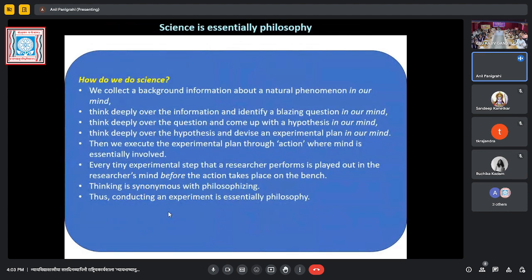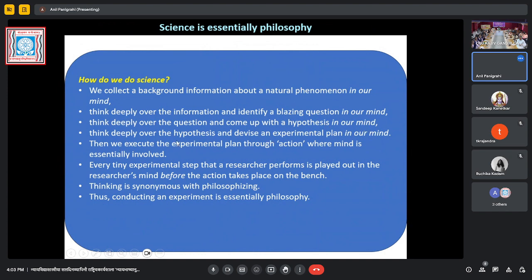If we look into actually doing a scientific experiment, then we collect background information about a natural phenomenon in our mind. Based on that information, we think deeply and identify a blazing question to investigate in our mind. We think deeply over the question and come up with a hypothesis in our mind.